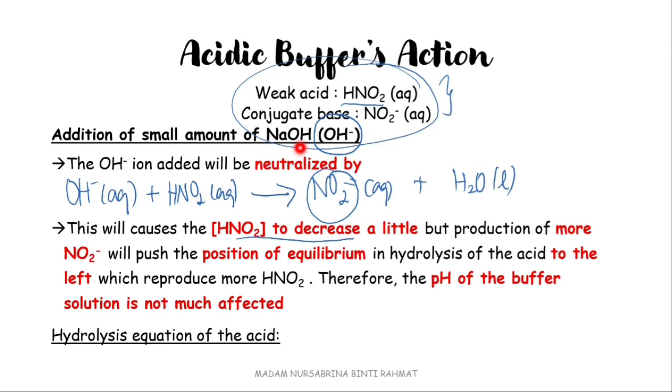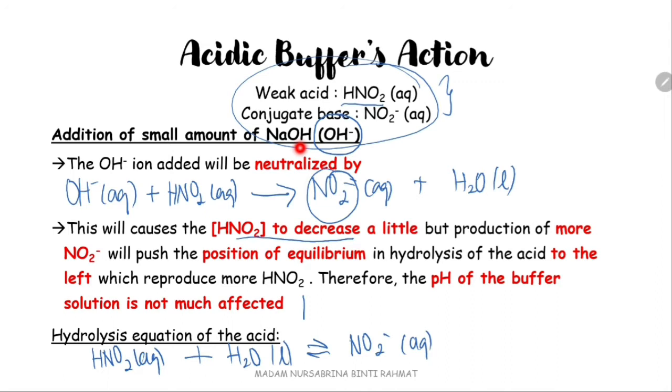However, this will not change the pH of our buffer system very much, because the NO2 minus concentration that increases will push the equilibrium of the hydrolysis equation of our weak acid to the left, resulting in us reproducing our weak acid. So our weak acid concentration will not increase, but it will remain.